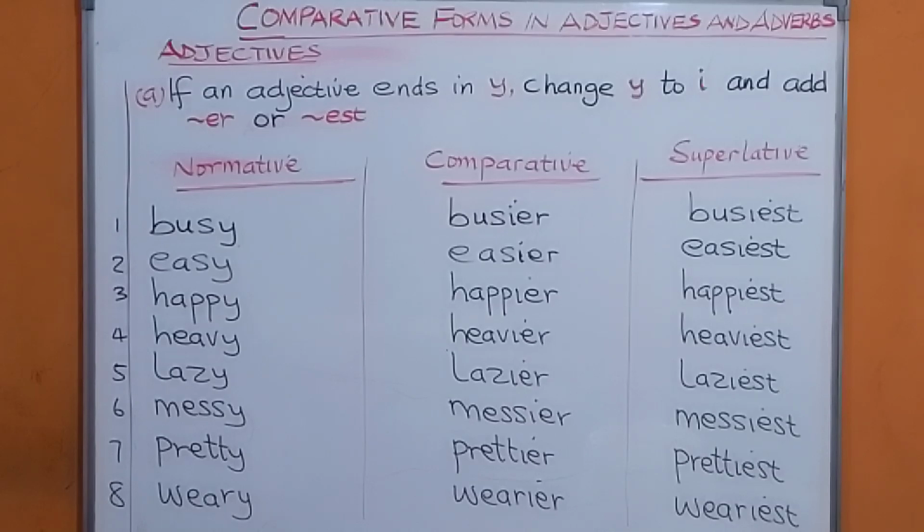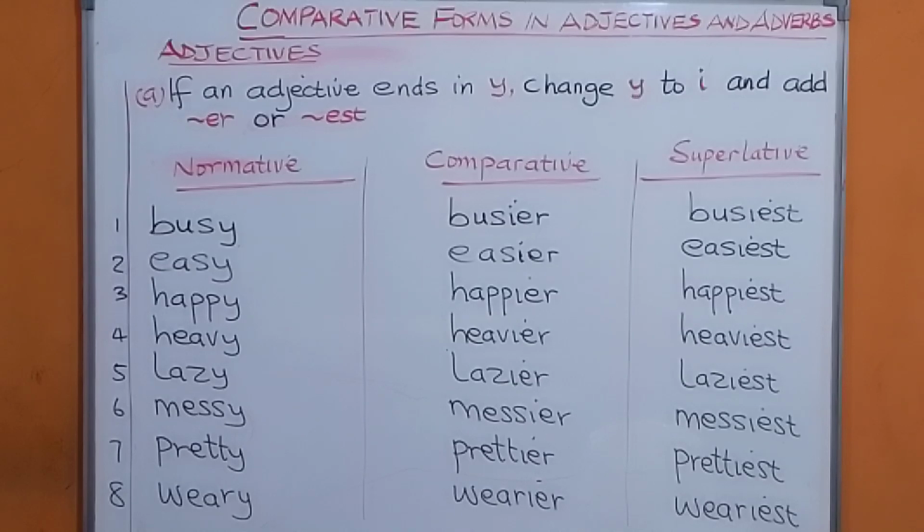But the third sentence compares one car to all other cars. Therefore, the ending EST was added to small to show that comparison. Hence, when we compare two things, we add ER to some adjectives. But when three or more things are compared, we have to add the ending EST.